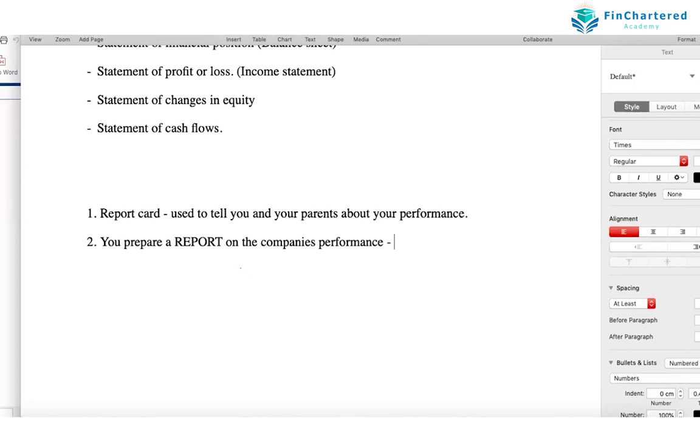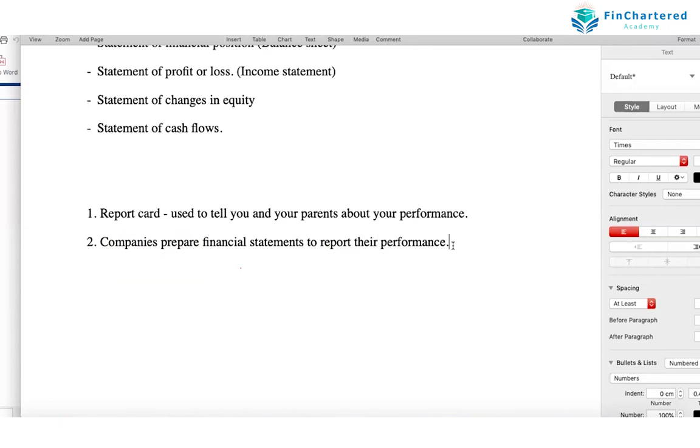Right? So companies prepare financial statements to report their performance. Just like how teachers prepare report cards to show you your school performance, companies prepare financial statements to report their financial performance.